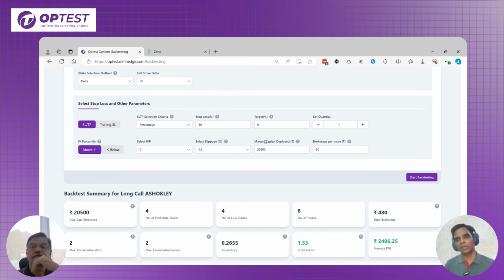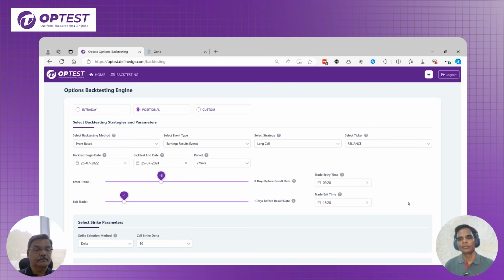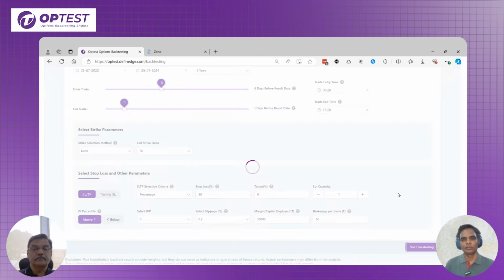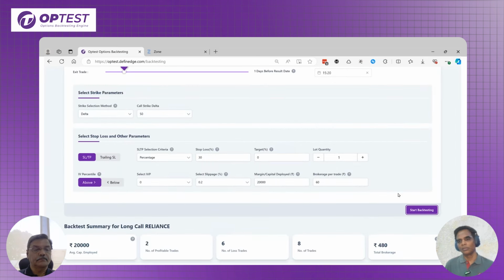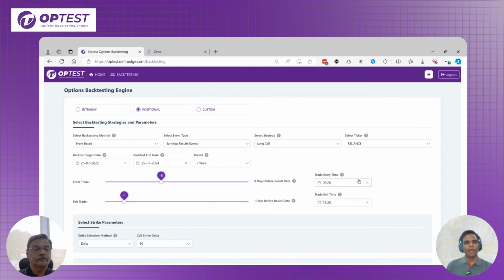Let's check what happens with Reliance. It didn't work. It depends again.